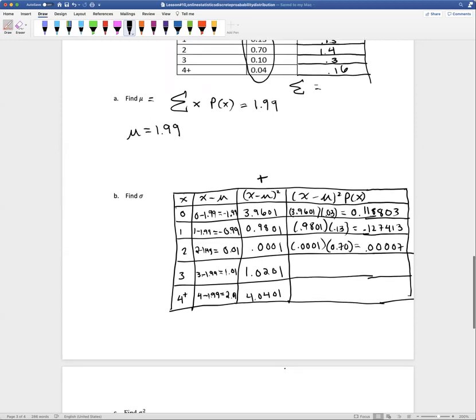All right, let's finish this up. Again, x minus mu squared over here is 1.0201. Multiply that by p of x. So this is for 3 cars, right? And the probability that a household has 3 cars is 10%, so 0.10. Let's multiply these two together. So 1.0201 times 0.10, and we get 0.10201.